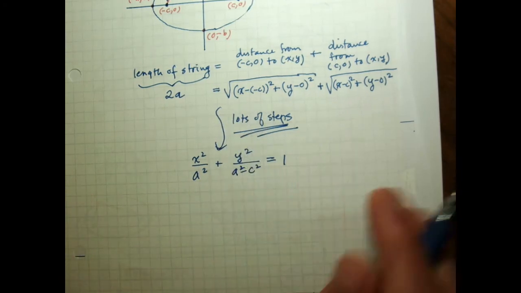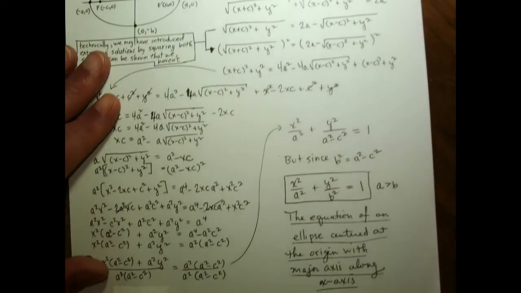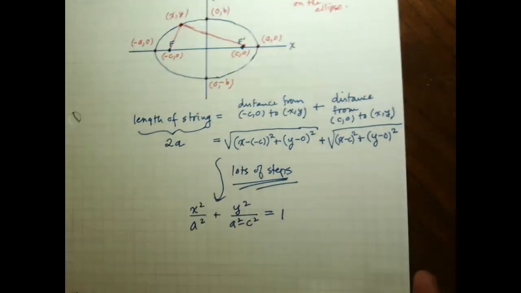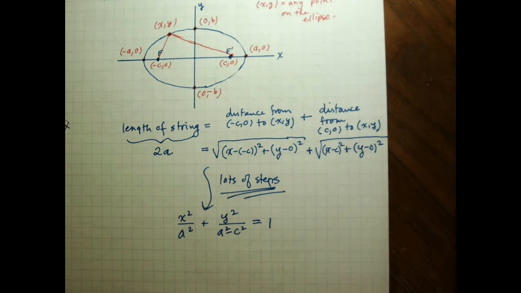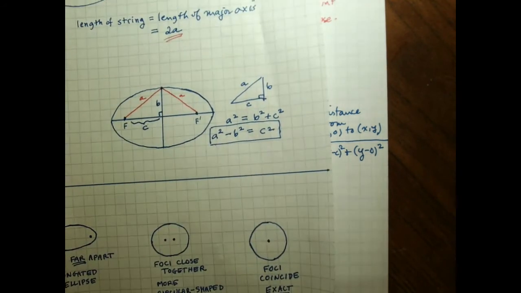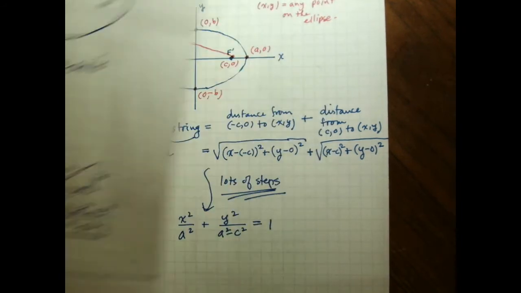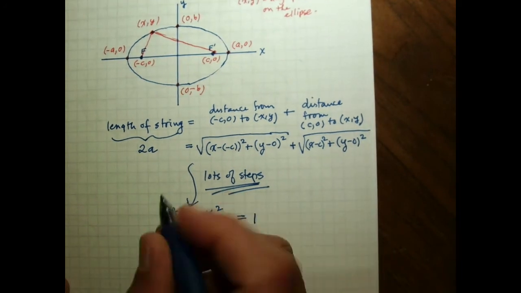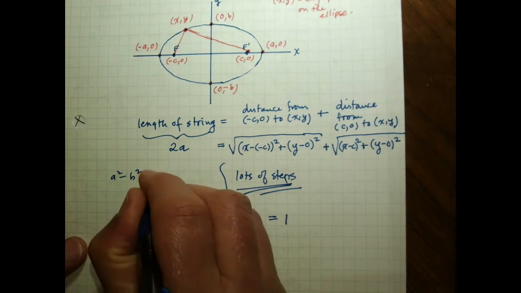And again, it's spelled out in detail on page 3 of that extra handout that's posted, and it is a lot of messy steps. Now we get to this point, and I'm going to take it one step further, because we had a relationship that we just talked about: a squared minus b squared equals c squared. Let me just write this on the side here: a squared minus b squared equals c squared.